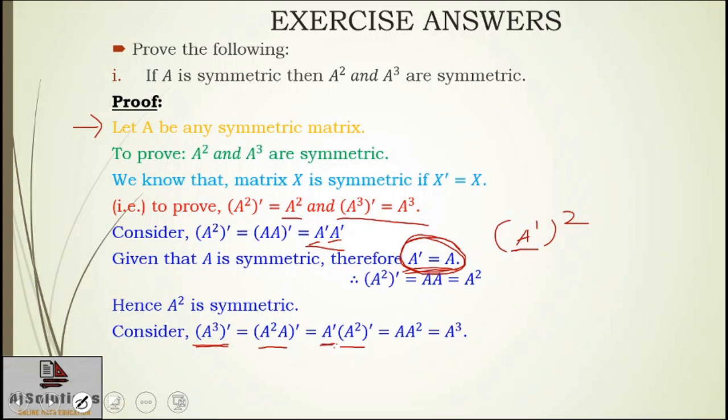So this A transpose will become A, and you will also use the value of this A square transpose over here. Value of A square transpose is A square. So in place of A square transpose, you will get A square, and you know A into A square is A cube, and that is the required RHS. So this proves your A cube is symmetric.